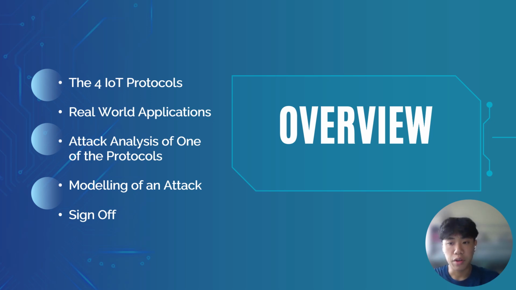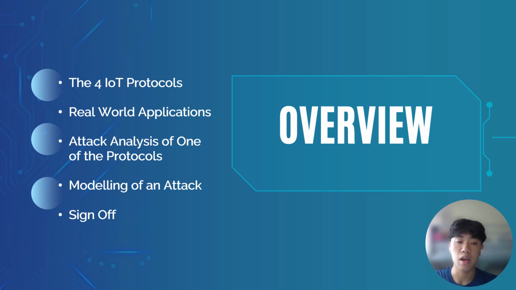Here's what I'll be covering today. I'll be doing a quick overview of the 4 critical IoT protocols that I have selected, which are Bluetooth, MQTT, CoAP, and Wi-Fi. Afterwards, I'll be talking about their real-world applications, and then I'll be diving into the attack analysis on one of the protocols that I have selected.